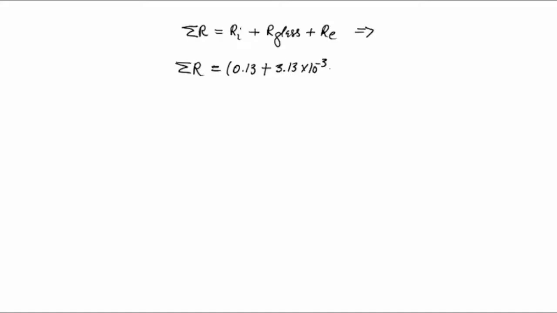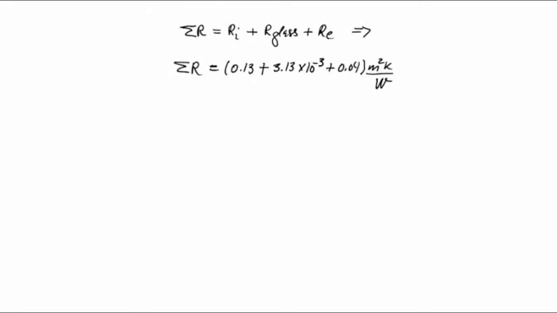And finally, external resistance is 0.04. Close the parenthesis and remember the unit, and that is meter squared times Kelvin over watts. So the sum of R becomes 0.173 meters squared times Kelvin over watts.